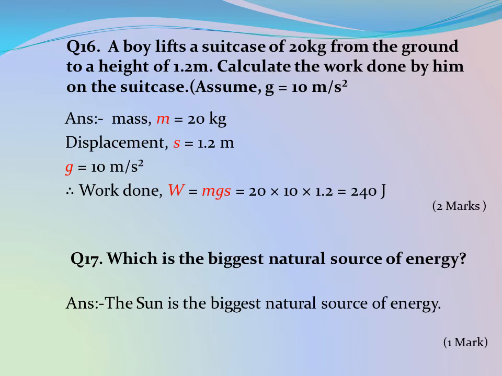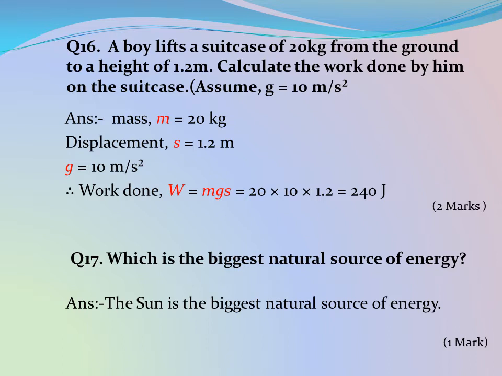Question number 16. A boy lifts a suitcase of 20 kg from the ground to a height of 1.2 meter. Calculate the work done by him on the suitcase. Assume g equals 10 meter per second squared.